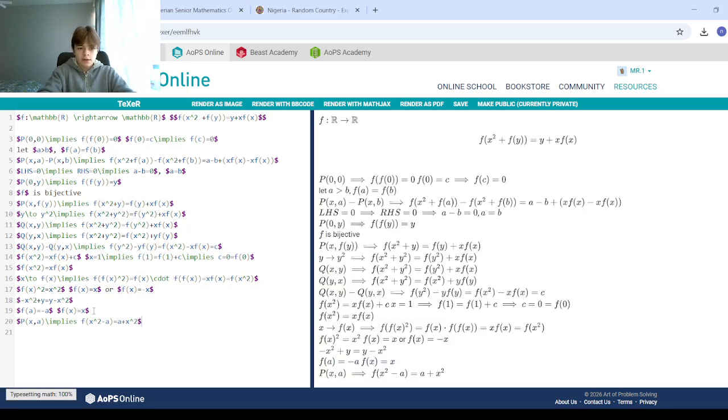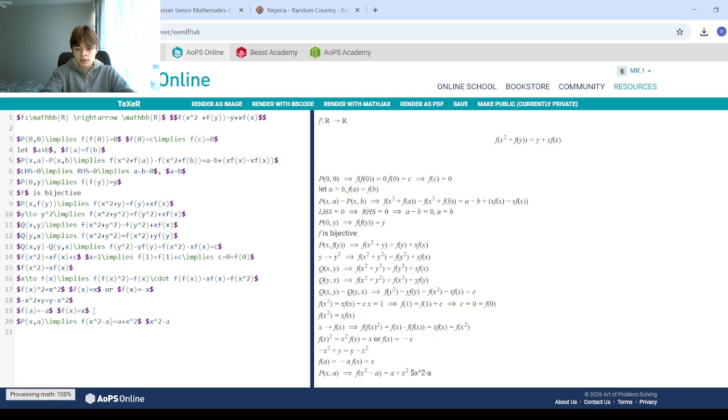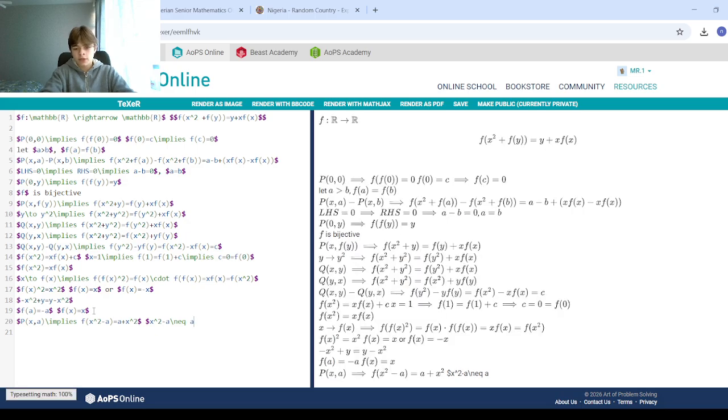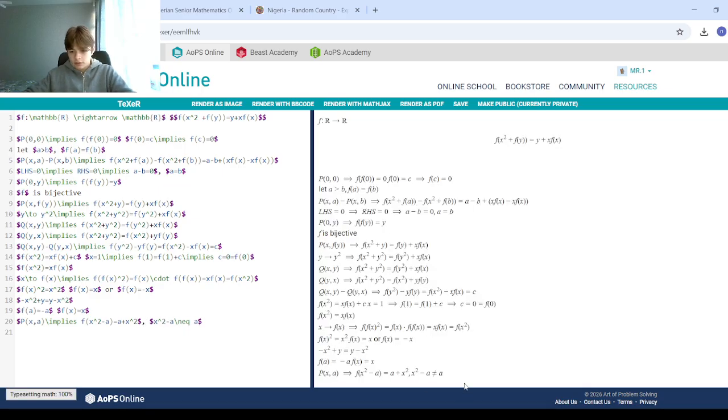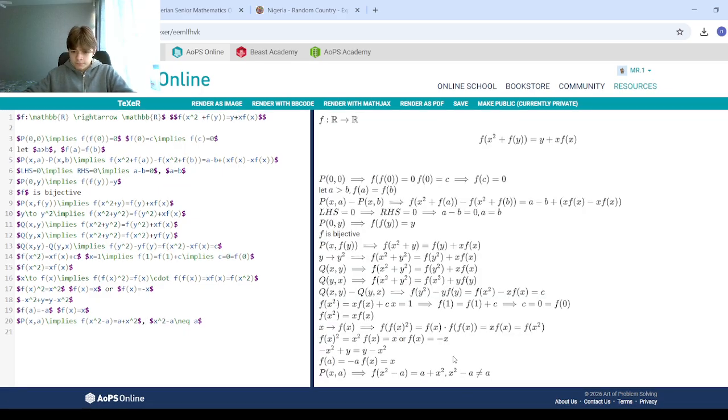Okay, and we know that x² − a is not equal to a for every x, because it's not true for every x, of course. If x² − a is not equal to a, it's obvious.